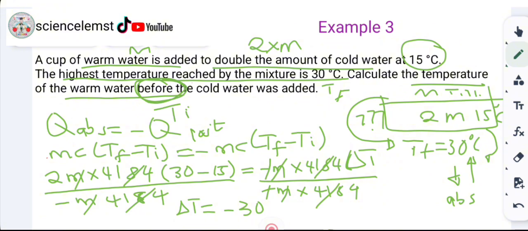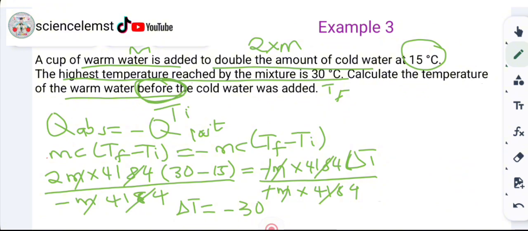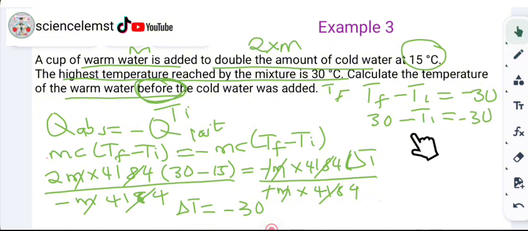So I can substitute that information. So let's write it here. T final minus T initial is equal to negative 30. I know the final temperature is 30. Minus the initial, I do not know, which is equal to negative 30. What am I going to do here?